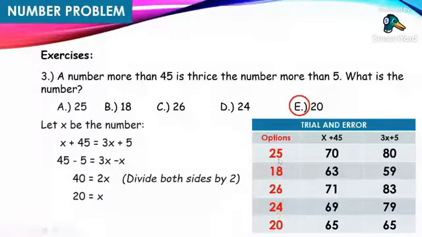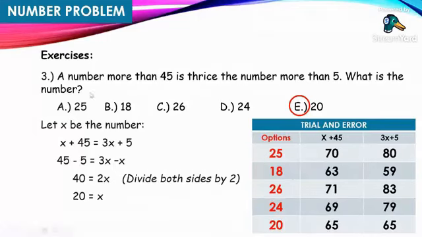So example natin, 25. If x is 25, so 25 plus 45 is 70. Now, if we have 25 times 3, plus 5 is 80. So the answer is 70 and 80. Equal po ba sila? The answer is no. So 25 is not the answer. For option, i-discuss lang natin yung sinagot ninyo.